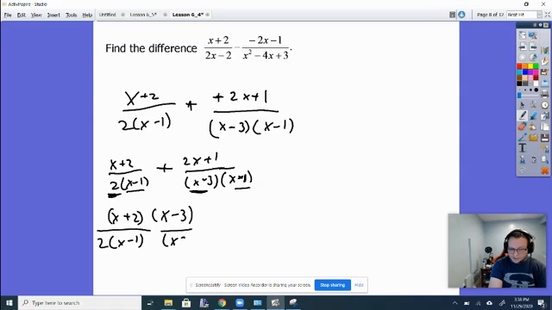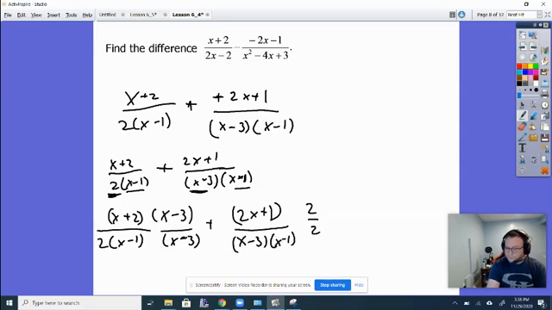Over x minus 3. And my second term is going to get multiplied by 2 over 2, x minus 3, x minus 1.